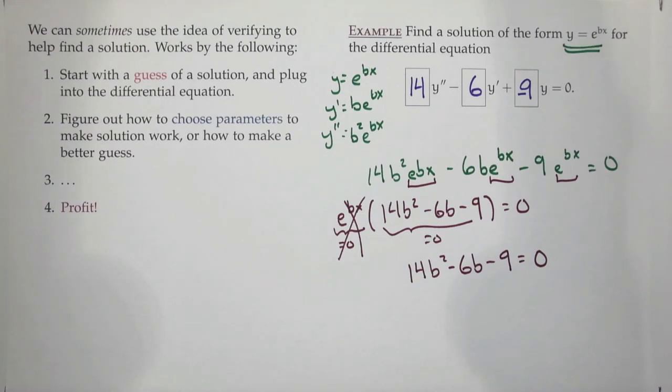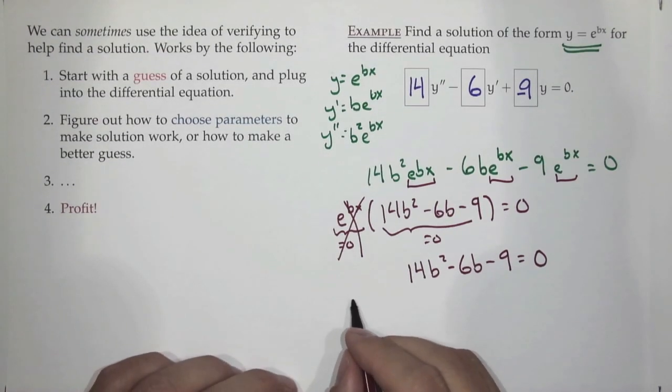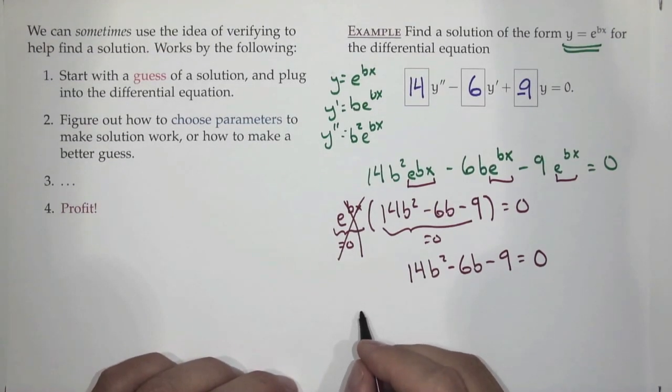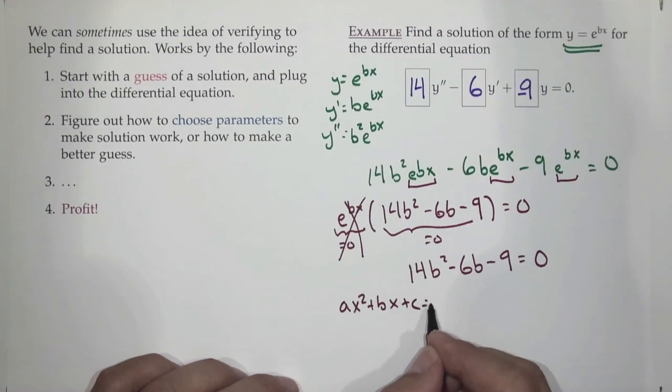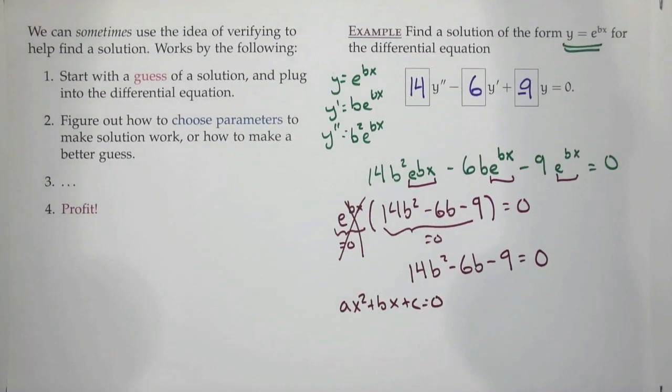But how can we solve something like this? Yeah, quadratic formula. Good times. Should we recall what the quadratic formula is? If you have ax squared plus bx plus c equals 0, that's how you start.